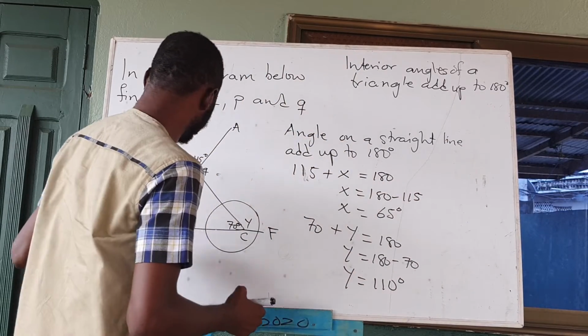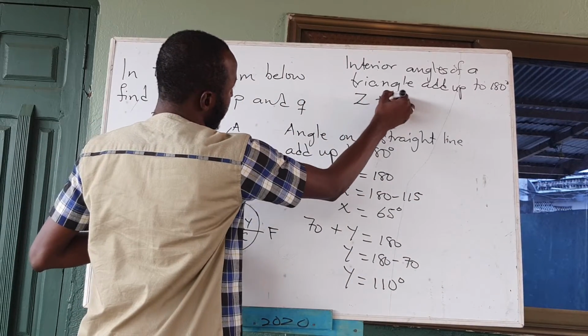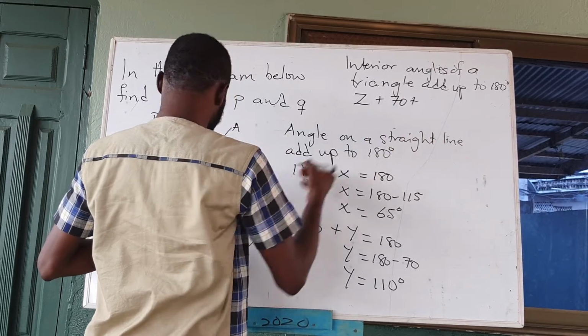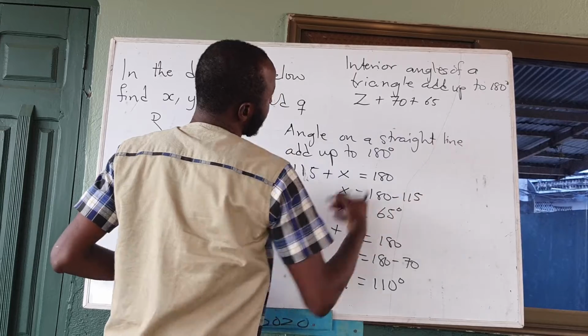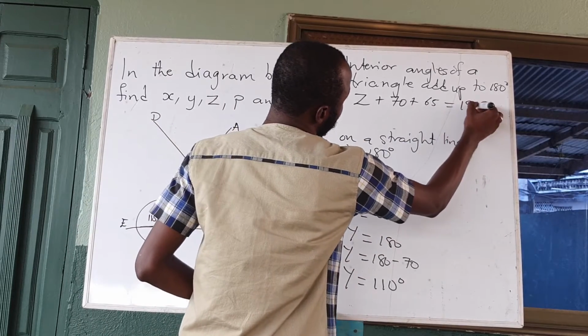So we have z plus 70 degrees plus x, which is equal to 65 degrees, and it will be equal to 180 degrees.